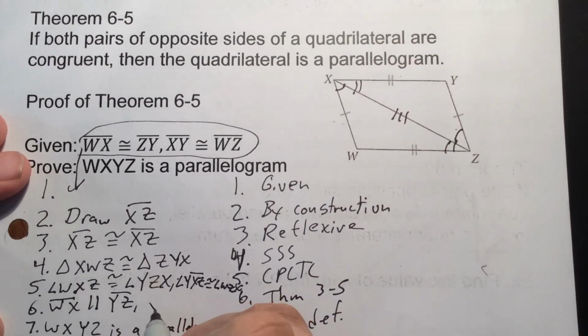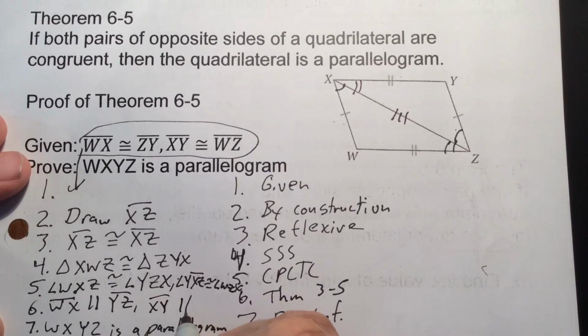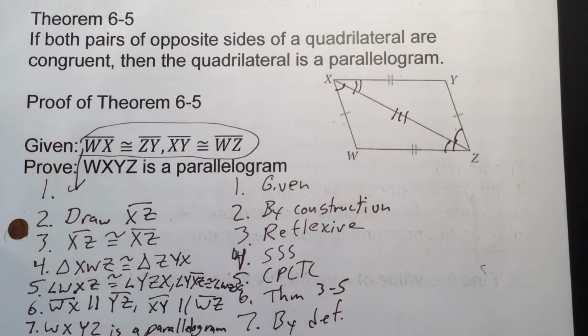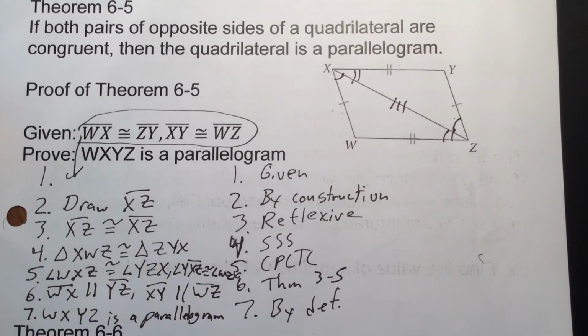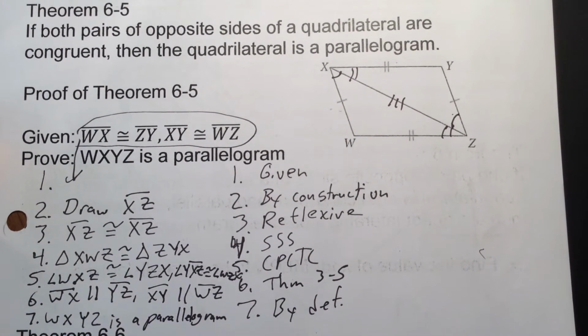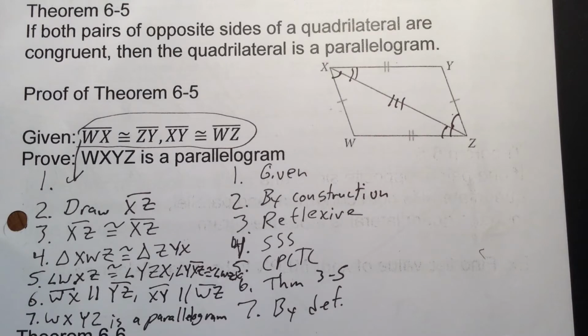So then we would say that XY would be parallel to WZ. Technically, we should have that in there to finish it off. So then it's official. There's your 2-column proof. If you look in the filled out notes, that's the paragraph proof version of it. But there we go.